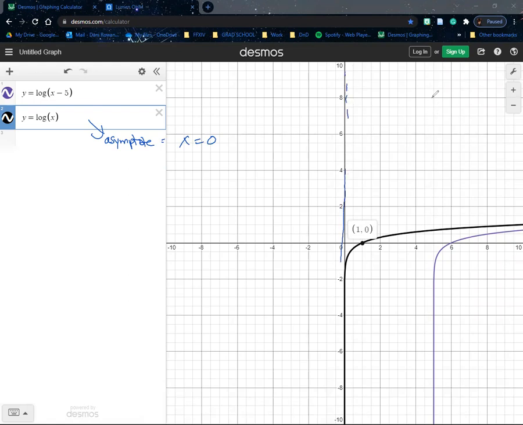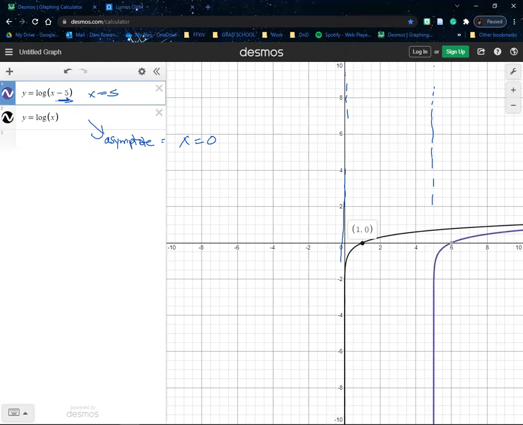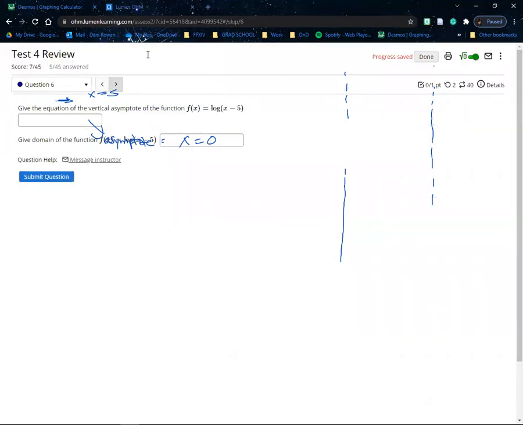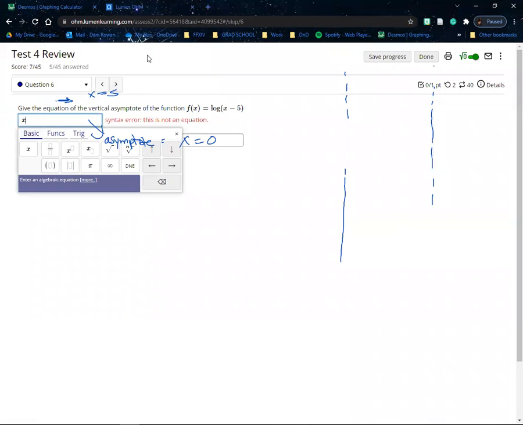So what is it for this one? 5. Yeah, it's just moved over to the right 5, so it's just x equals 5. You guys see that? So going back here, we're just x equals 5. Okay.